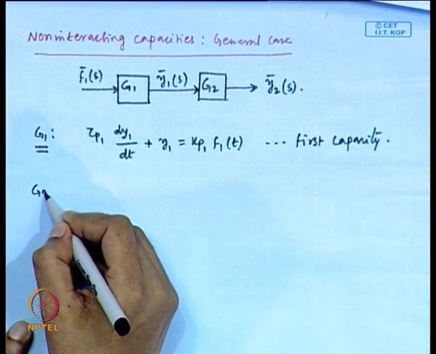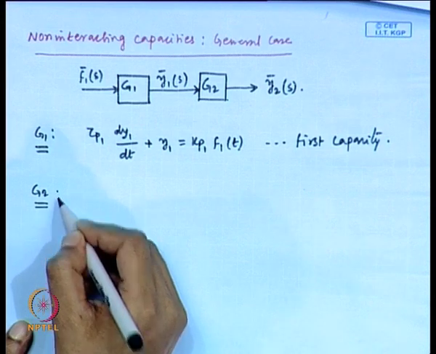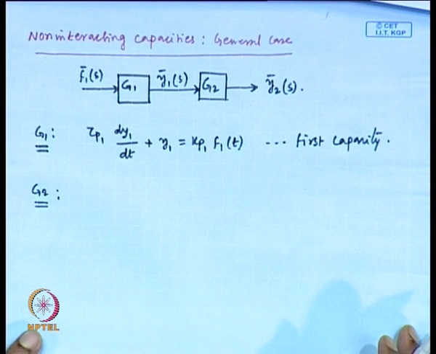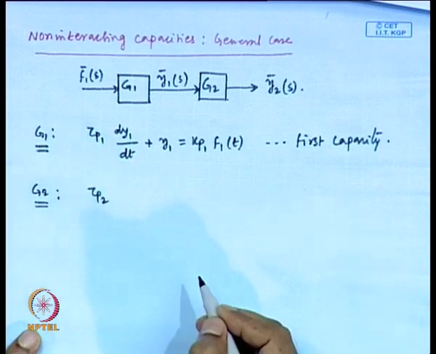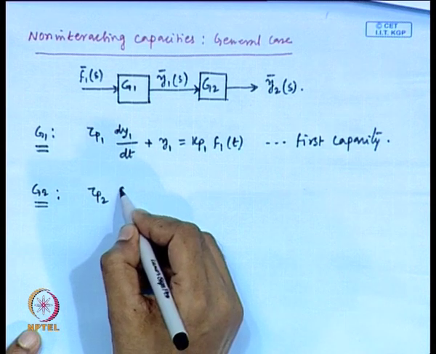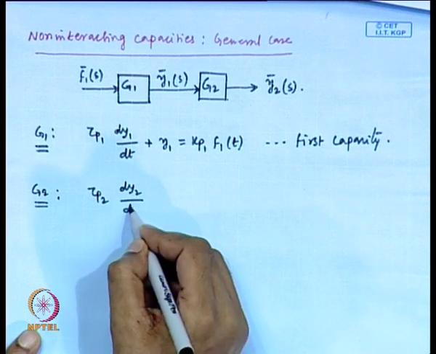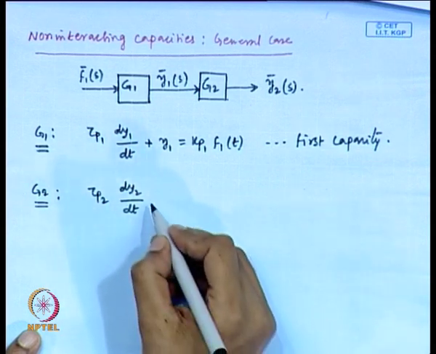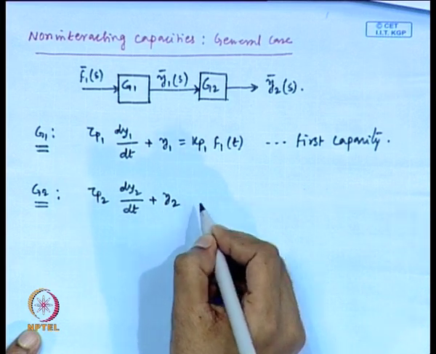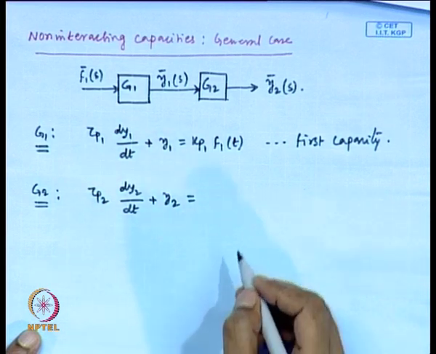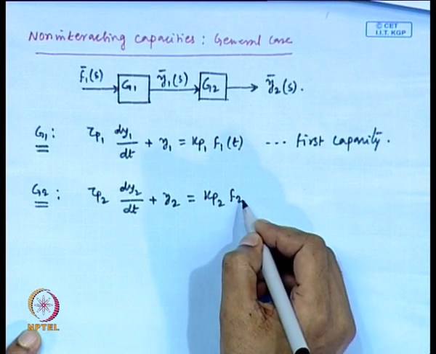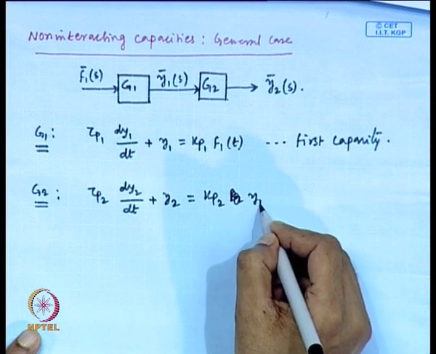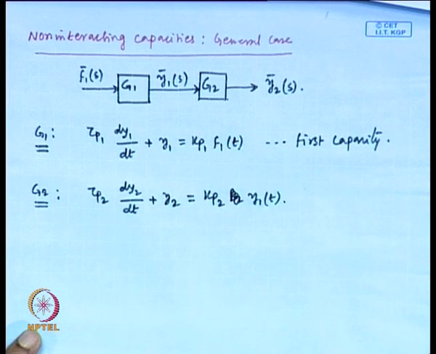Similarly, for the second capacity, which has the transfer function of G2, we can write the modeling equation as tau p2 dy2/dt plus y2 equals k p2 y1(t). Fine.